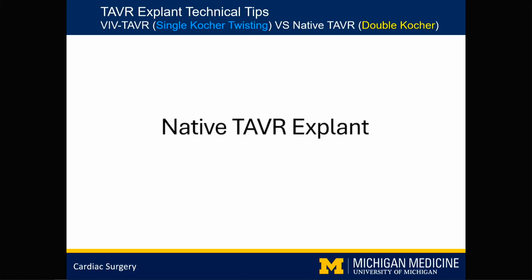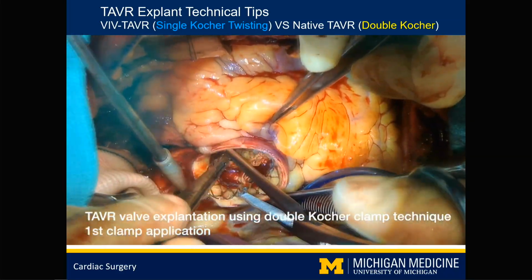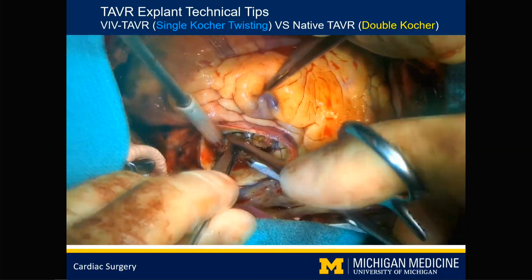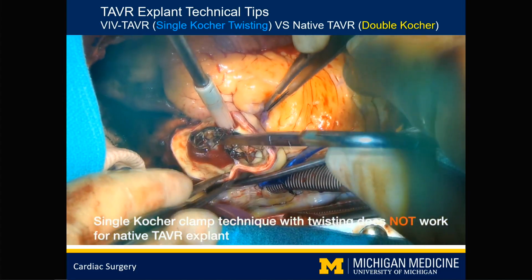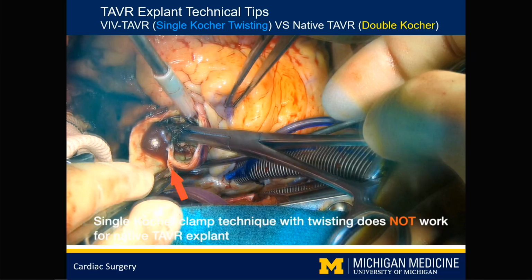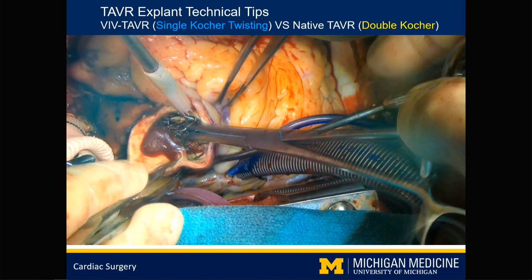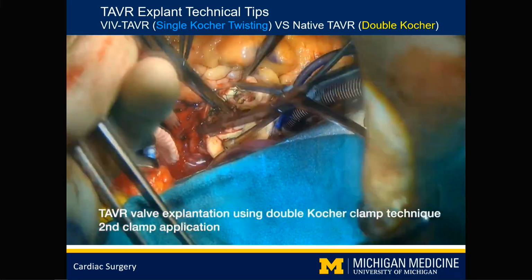But when it comes to native TAVR explant, that twisting maneuver doesn't work, so we have to be a little bit more cautious. If you twist, you can possibly shred the aorta. This is what typically happens for native TAVR cases when you explant.